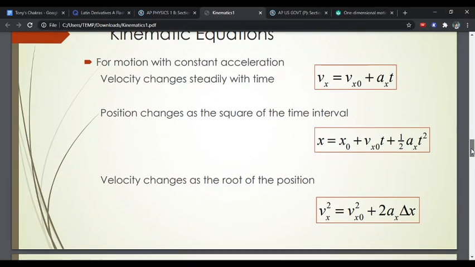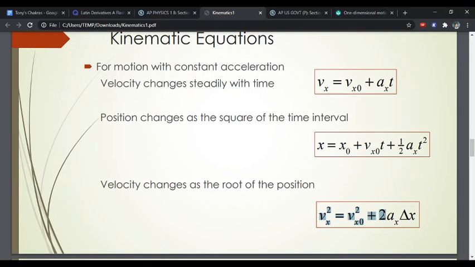And yet again, the same weakness applies to the third equation. If we want to figure out the time duration of the object, we can't, because again, there's no time variable in this kinematic equation. But you can see here that with these three kinematics equations at our disposal, we can solve for literally any one-dimensional motion with constant acceleration, right?